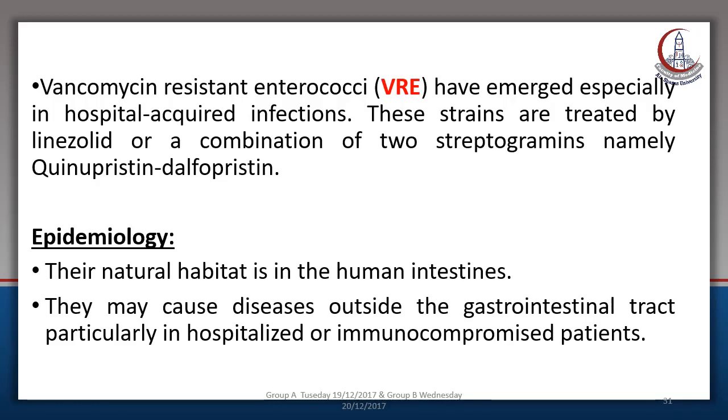Another example from causes of endocarditis is enterococci, like Enterococcus faecalis and Enterococcus faecium. Major characteristics of enterococci is that it is a gram-positive cocci, which is usually arranged in diplococci. It's catalase negative.